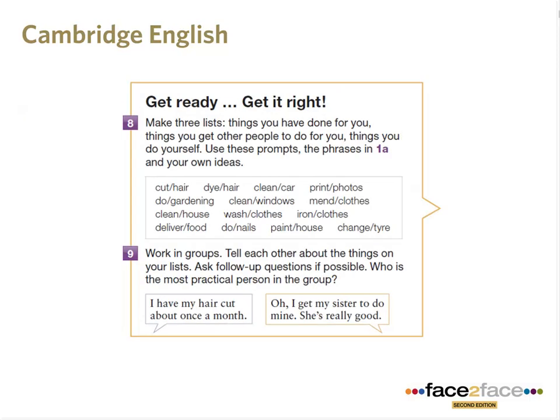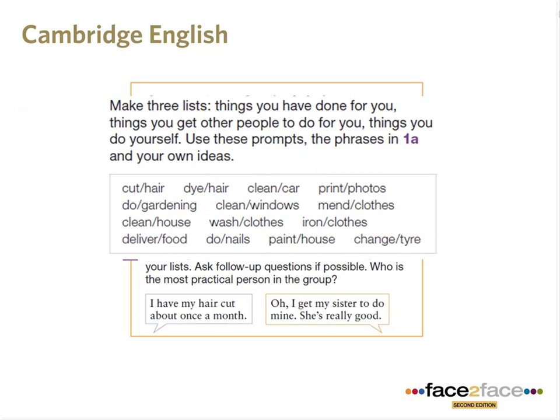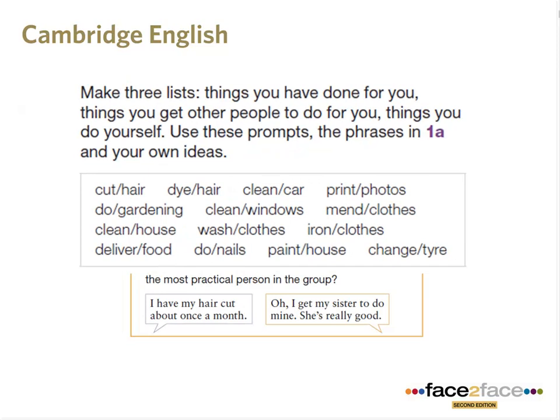Here's another example, which is from upper intermediate, which focuses on the things you have done for you, things you get other people to do for you, and things you do yourself. So the first thing the students have to do is make lists of which of those things in the box they have done for them, which they do themselves, and which they get other people to do.